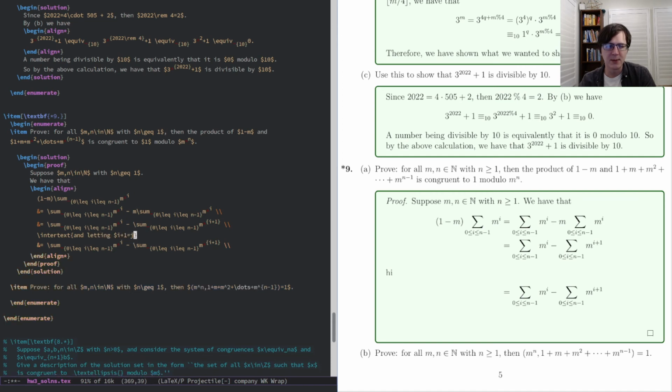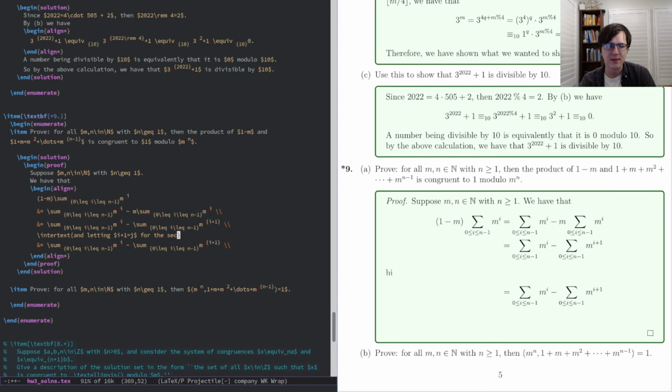So letting i plus 1 equals j for the second sum. Get j up there. Now we have to transform this inequality appropriately. So let's see. We solve for i, and that's j minus 1. And then we can add 1 to everything to get that.